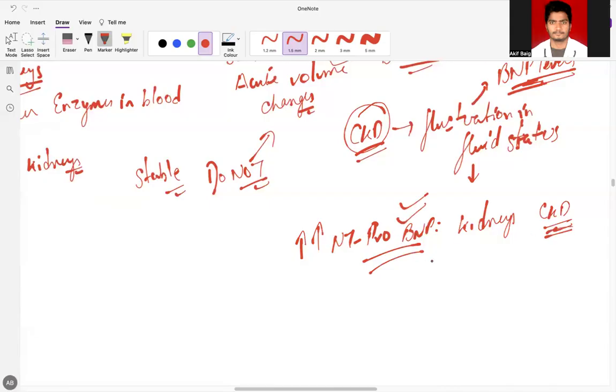So the cutoffs for NT-proBNP have to be kept a little higher. Suppose more than 400 is considered raised; in CKD patients it is usually considered as more than 1100 or more than 1500. But only NT-proBNP is more sensitive here, so only NT-proBNP should be used because it does not fluctuate much with the fluid status.